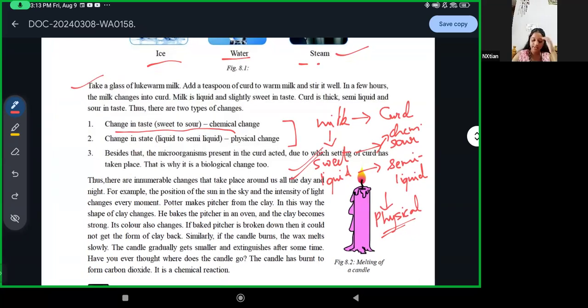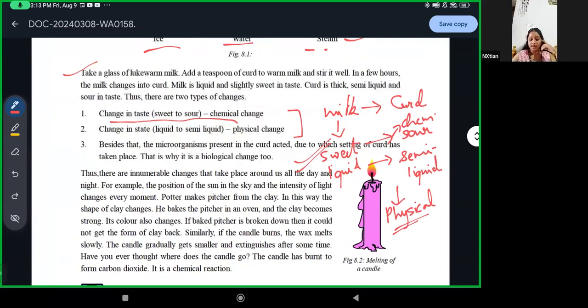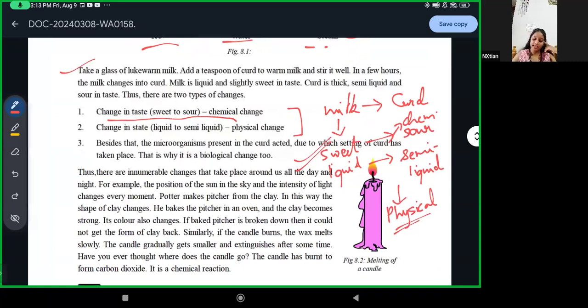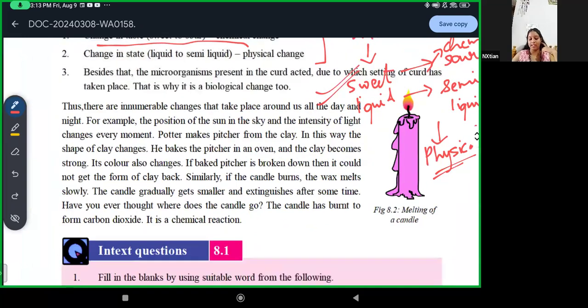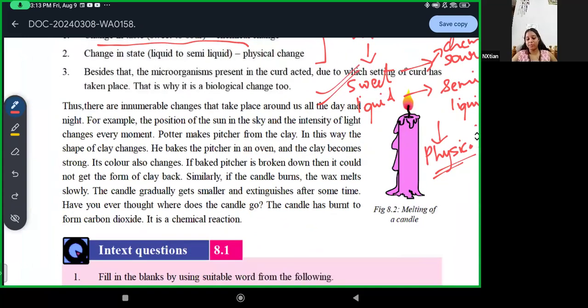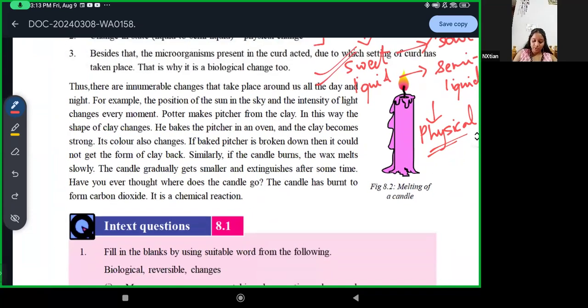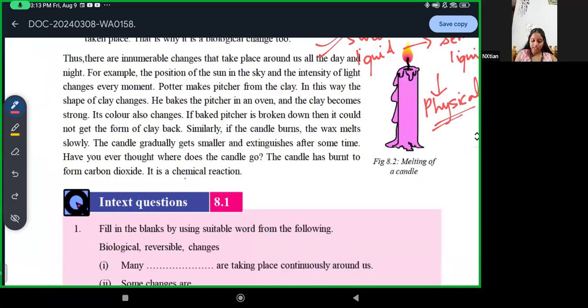Then there are innumerable changes that take place around us all day and night. For example, the position of the sun in the sky and the intensity of light change every moment. So this is all about changes.